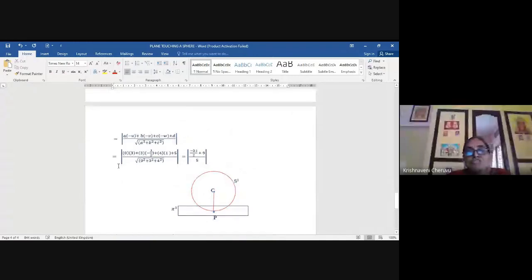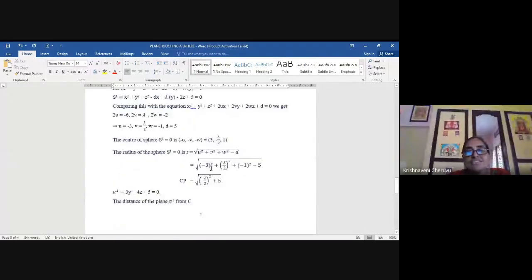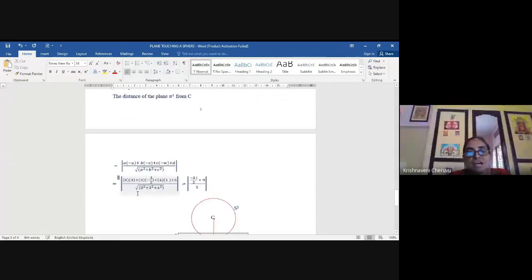The formula is modulus of a x1 plus b y1 plus c z1 plus d, divided by root of a square plus b square plus c square. Here the center is 3, minus lambda by 2, 1. I substituted the values here and you got this.